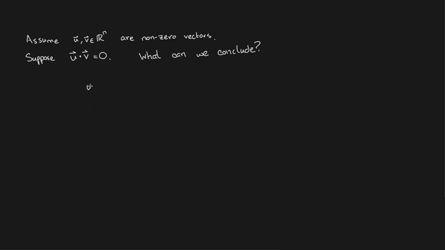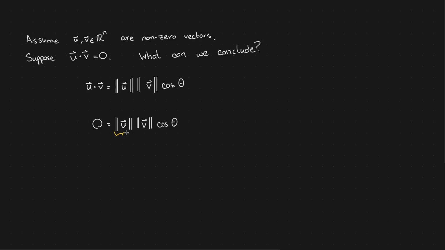We know that the dot product of u and v is going to be equal to the norm of u times the norm of v times cosine of the angle between them. Now, if u dot v is 0, then that means norm of u times norm of v times cosine of theta is equal to 0.